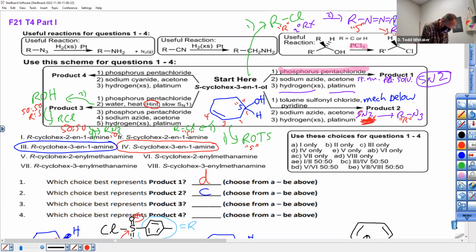It's 3 and 4 this time, I hope. And then 3 and 4, 2 amines. We've picked them already. Now you're making both 50-50. So 3 and 4 is choice number 3, 4, 50-50 is BC.